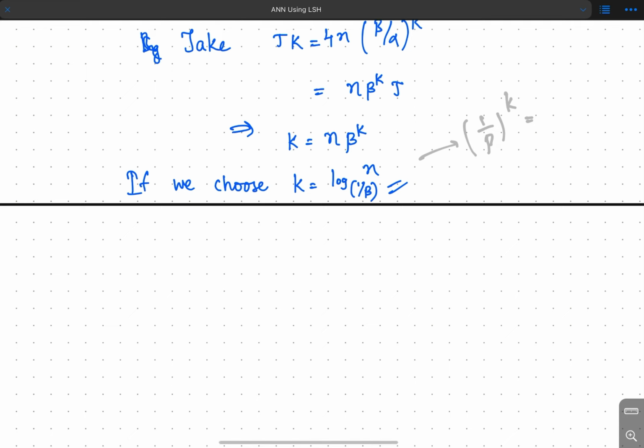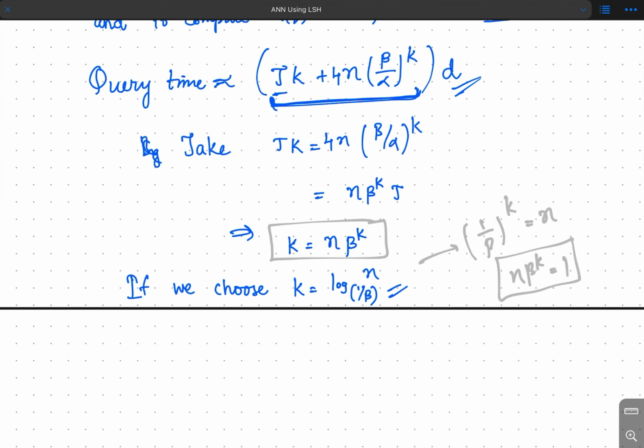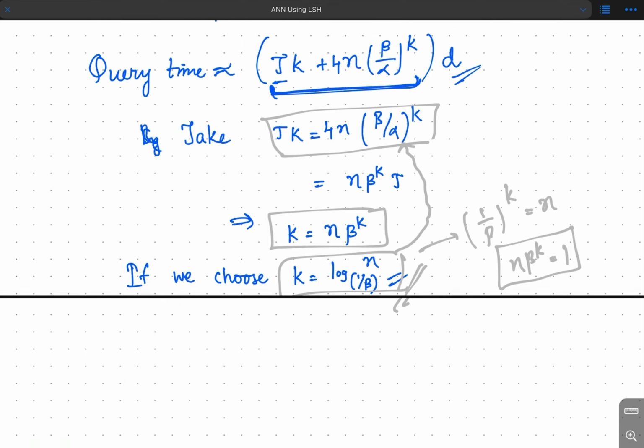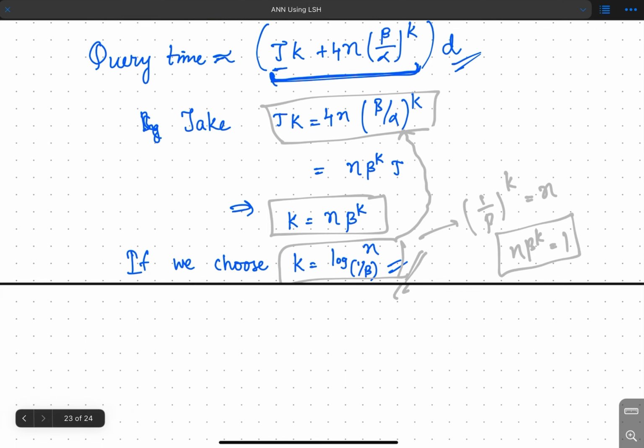So this will be log n to the base 1/beta, so that (1/beta)^k is given by n. Choosing this may not completely solve this equation, but we'll see that just choosing this value will actually work for our case.